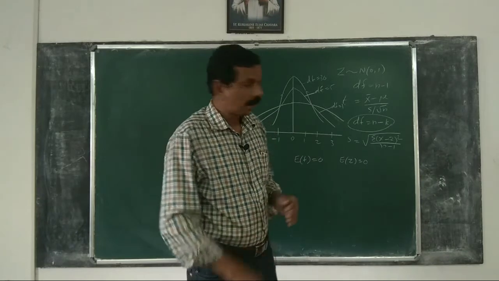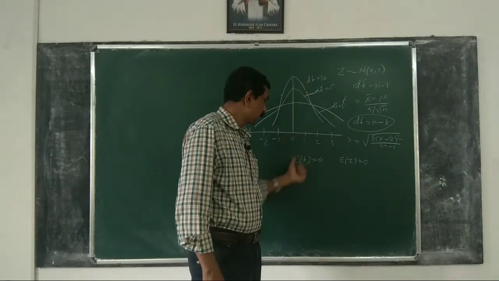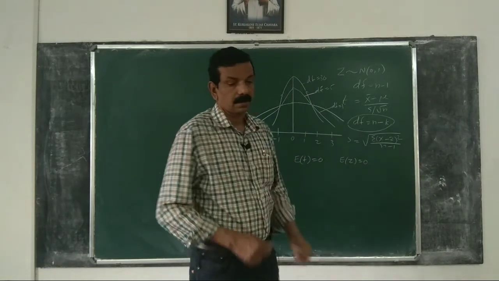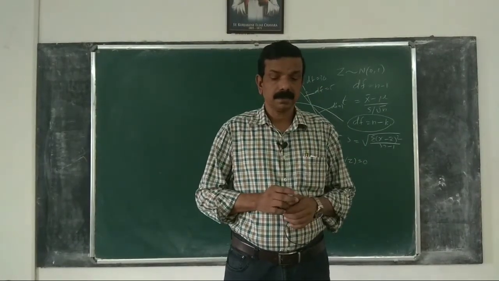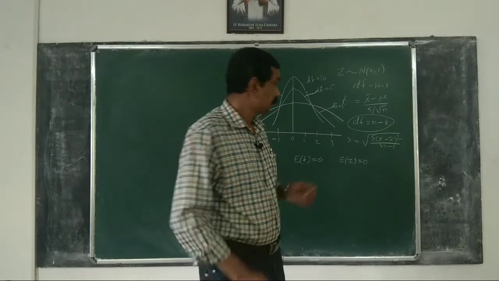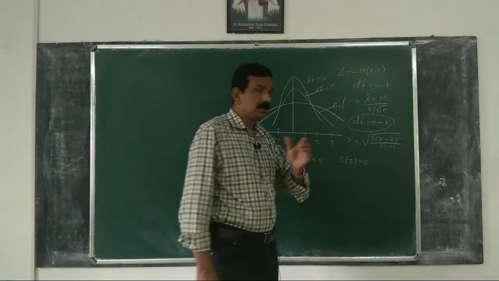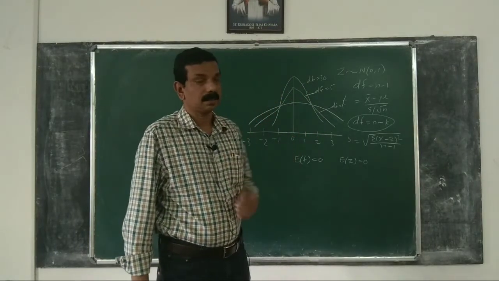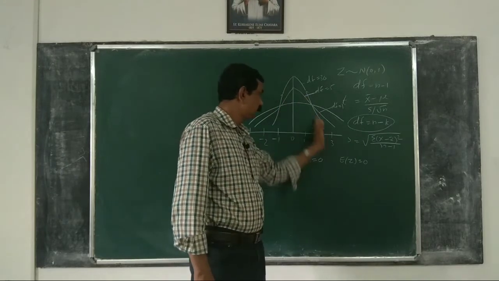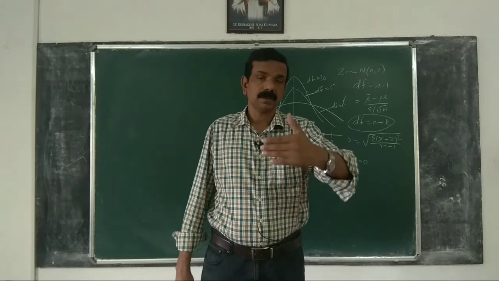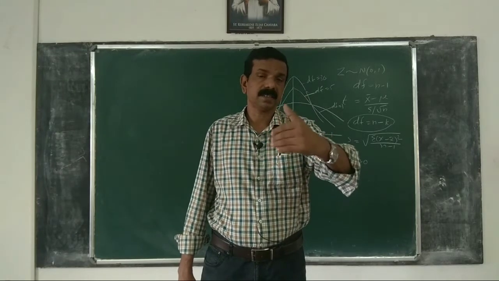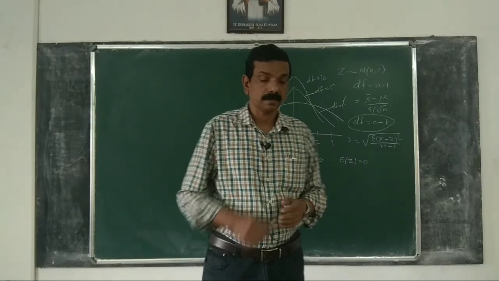Third, as I said, it is symmetric around 0. And as the number of degrees of freedom increases, the t curve increasingly becomes a standard normal curve. The shape of the t curve is almost the same as the shape of the standard normal curve.